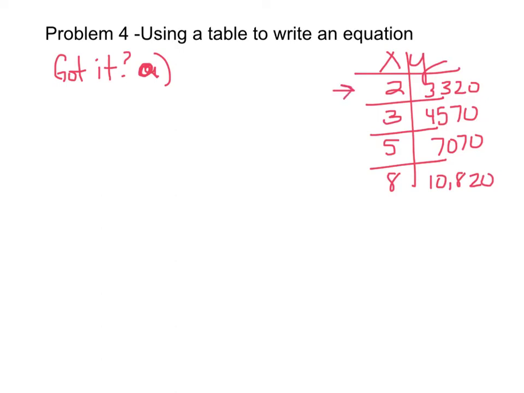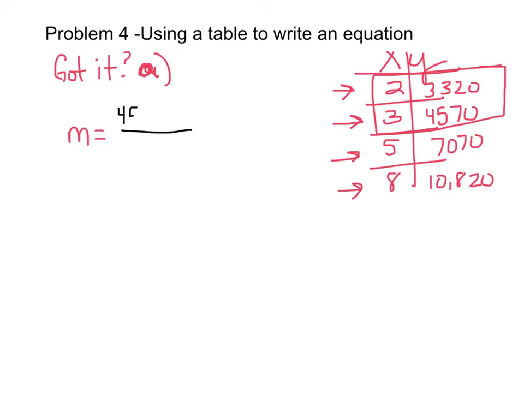Here's a point, 3,320. Here's a point. Here's a point. Here's a point. Pick any one of them. So here I'm going to pick the first two. I'm going to pick these two right here. Here's my 2 points. Find the slope. Subtract your y's.